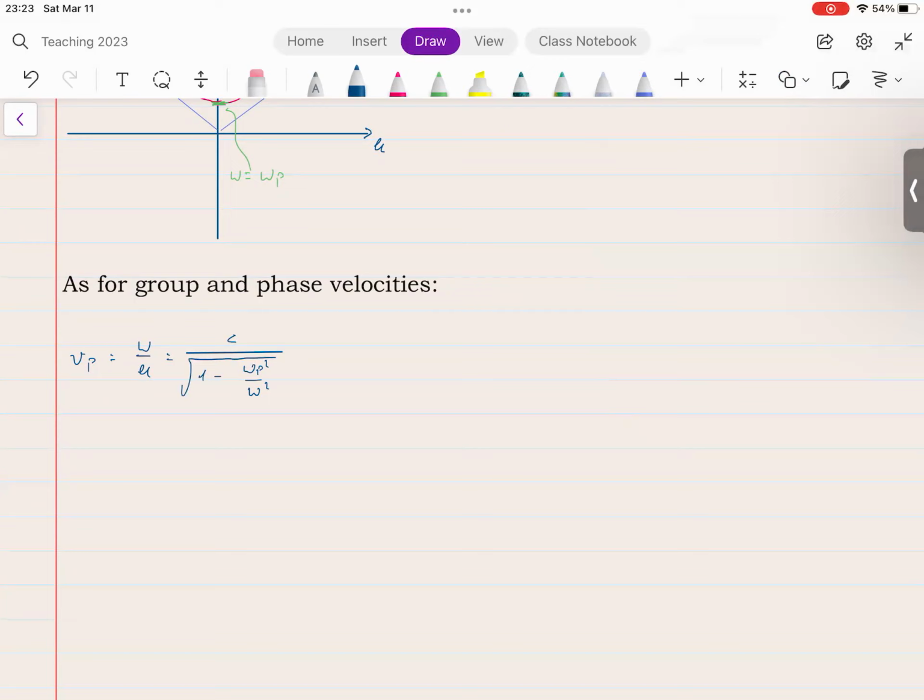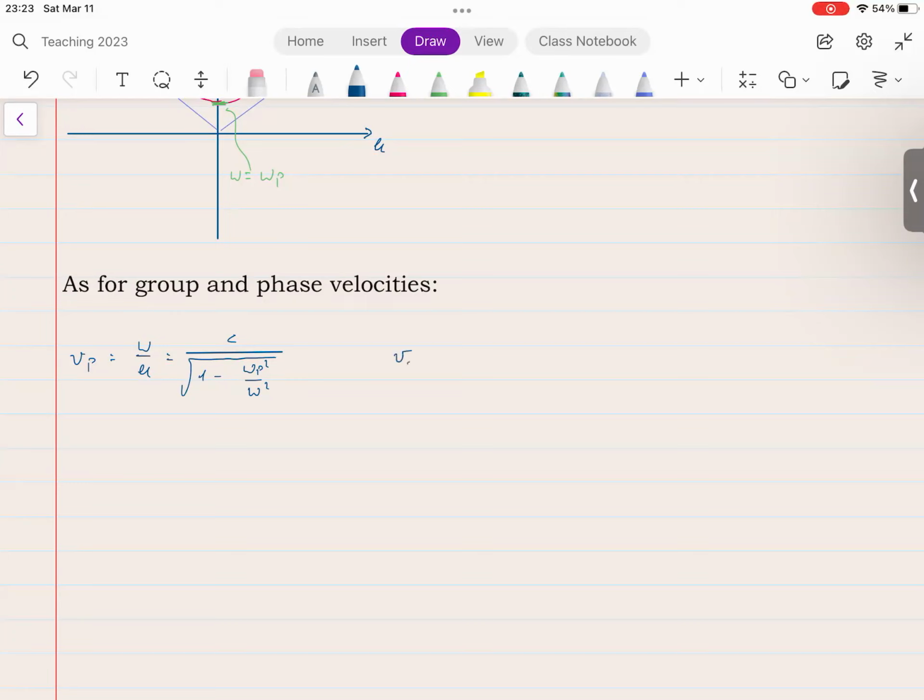That also tells me that the phase velocity goes to infinity when the wave frequency gets close to the plasma frequency. Okay, frequencies, velocities.